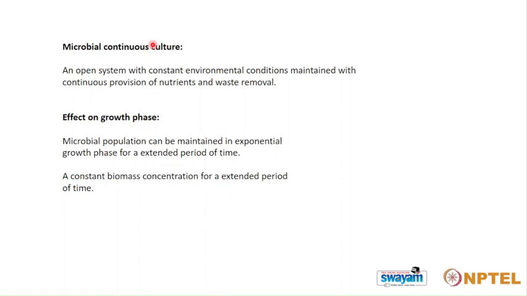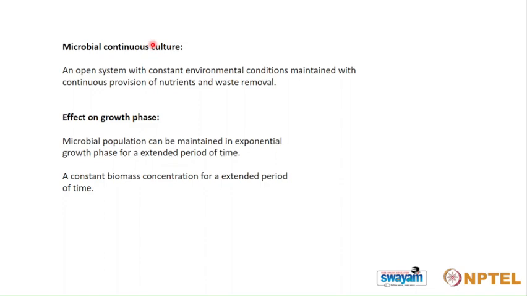Because the environmental conditions are maintained with the continuous provision of nutrients and waste removal. We'll be continuously giving the nutrients, and waste will be removed continuously in a continuous system. So this makes continuous culturing an open system.